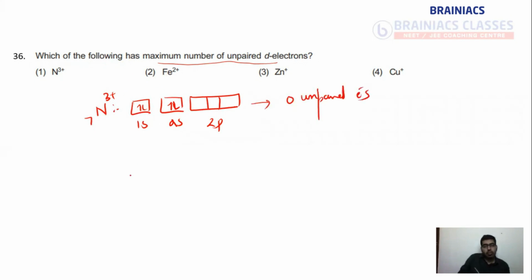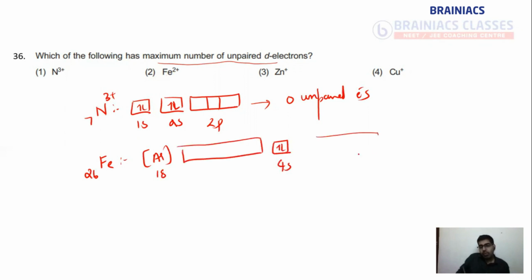Okay. Now, Fe2+. Iron, atomic number 26. You can write argon, which means 18 electrons, then 4s2. 4s is filled first. Then 3d6. Actually, 3d comes after 4s, but when one electron is filled in 3d, its energy is lowered.